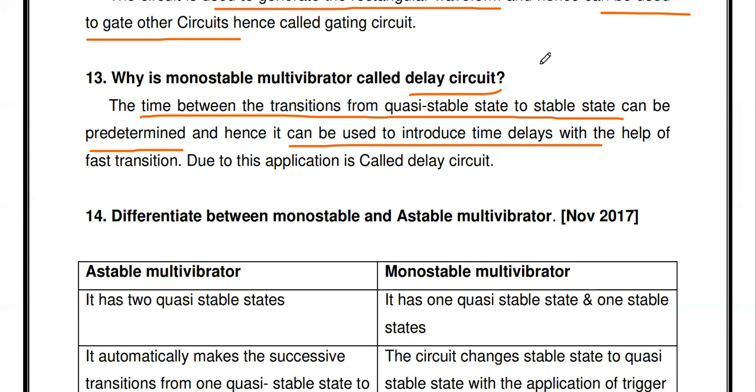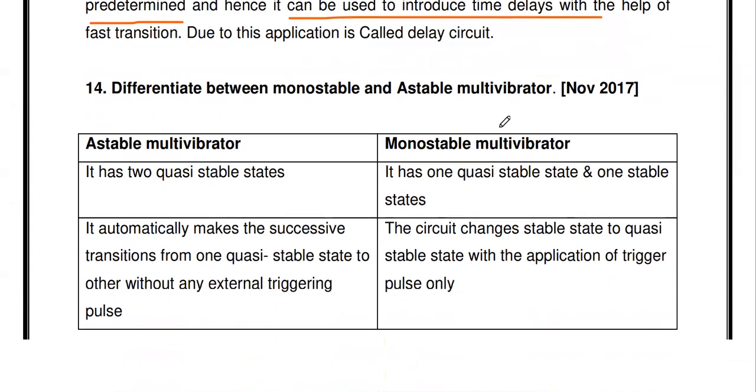The transition from quasi-stable to stable state is fixed based on the value of the resistor and capacitor, and in order to change from the stable state to the quasi-stable state, we have to give an external trigger. So this transition produces some delay. That's why the multivibrator circuit is called a delay circuit.